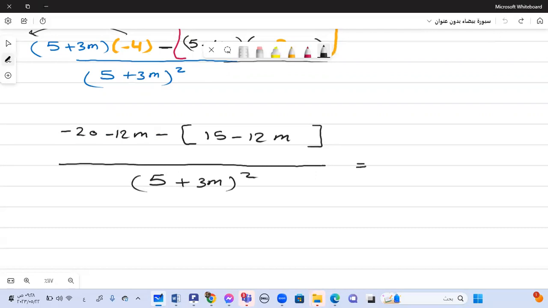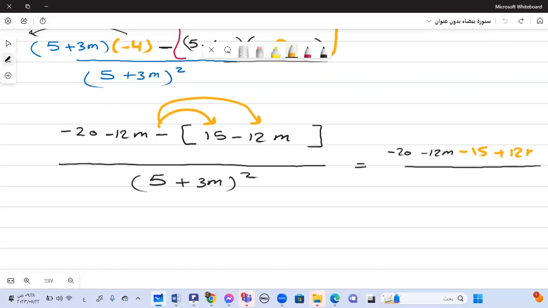Okay, complete by using distribution of the negative. So negative 20 stays as it is, negative 12m stays as it is. We make the distribution: negative multiplied by 15 is negative 15, negative multiplied by negative 12m will be 12m. Okay, step by step, over 5 plus 3m squared.